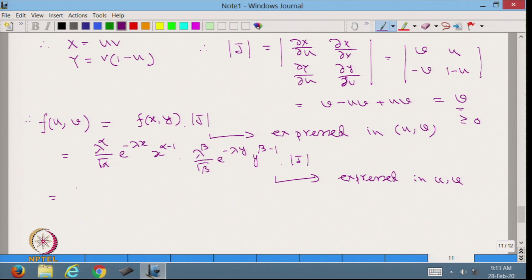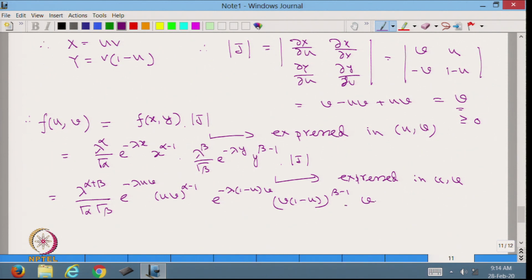That is equal to lambda power alpha plus beta upon gamma alpha gamma beta e to the power minus lambda u v, u v to the power alpha minus 1, e to the power minus lambda 1 minus u into v, into v into 1 minus u whole to the power beta minus 1, into v.